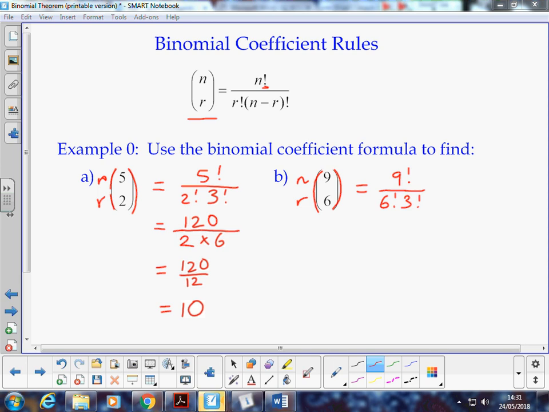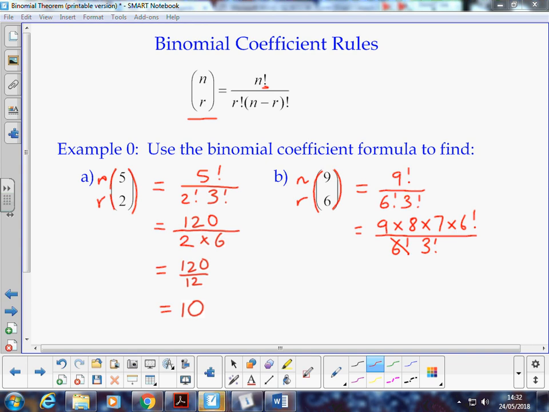Now it's an interesting thing if you don't want to go as far as working out 9 factorial. We can actually use the idea of simplifying factorial operations by saying that 9 factorial is 9 times 8 times 7 times 6 factorial, divided by 6 factorial times 3 factorial.